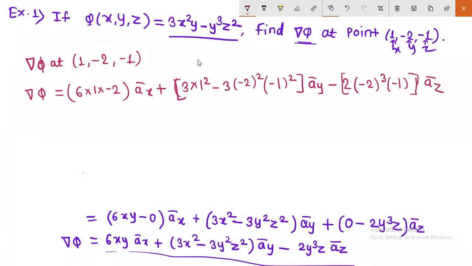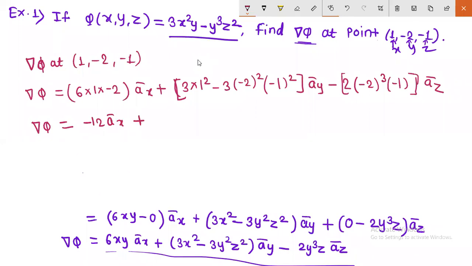Now you can solve this. Tell me the final equation. It is 6 into minus 2, which is minus 12 a bar x.